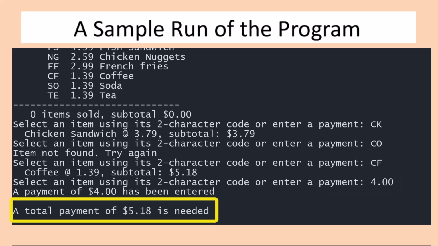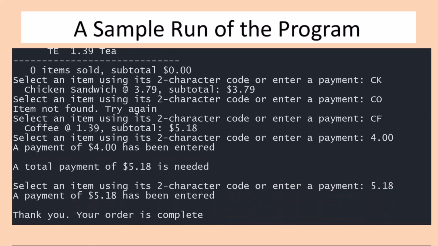The program then displays, "A total payment of $5.18 is needed." When $5.18 is entered, the message, "Thank you, your order is complete" is displayed. The transaction ends and the program is ready for another customer.